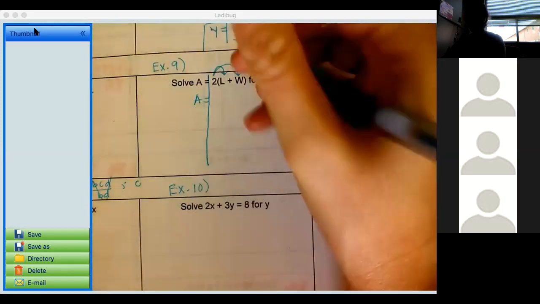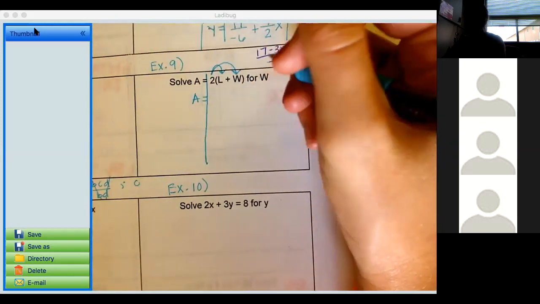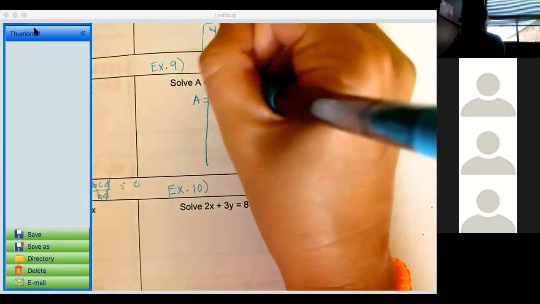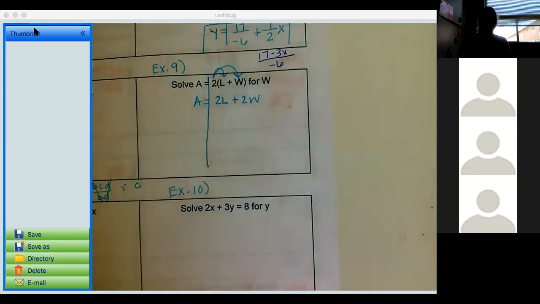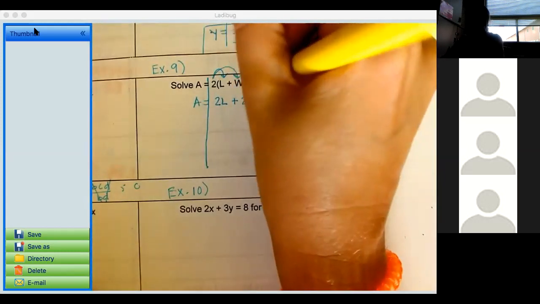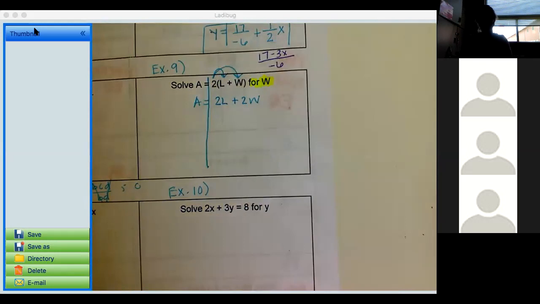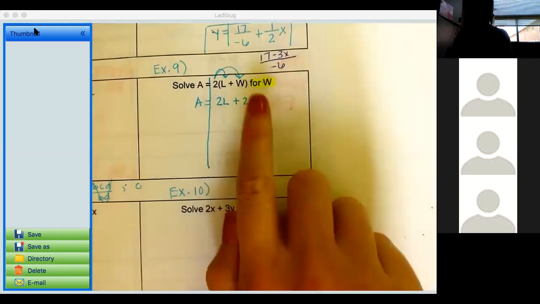We're just distributing. What's 2 times L? What's 2 times W? All right. Now, once we get there, what are we solving for? Good. Does everybody see that? Solve for W. So what do you do to W? Cover it.